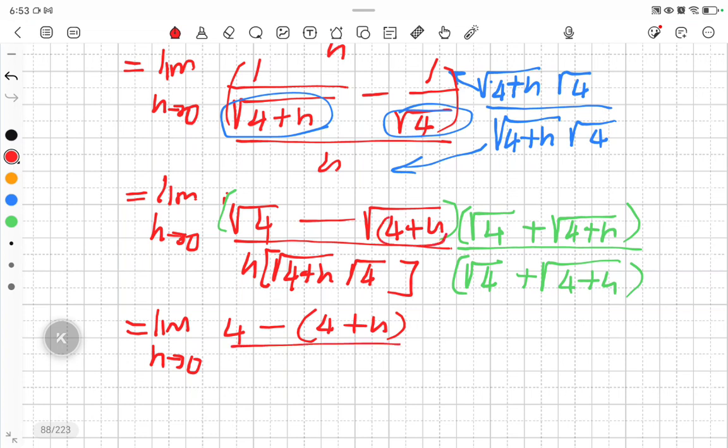As long as these are two terms inside, we need to put the brackets when we remove it. h times root of 4 plus h times 2 plus root of 4 plus h. It's not plus 2, this one is just 2.